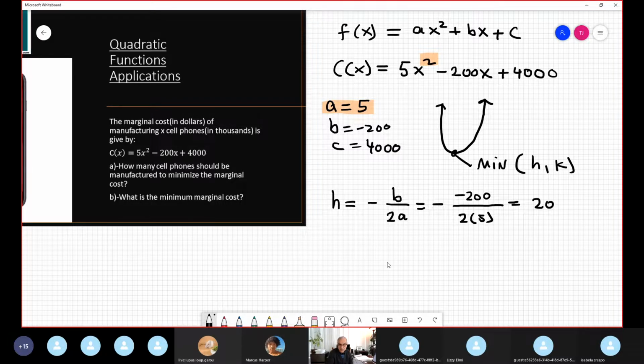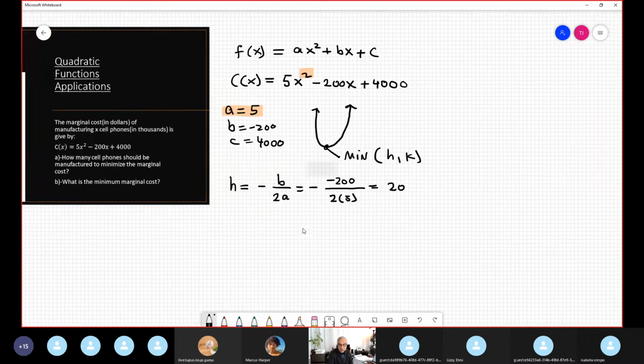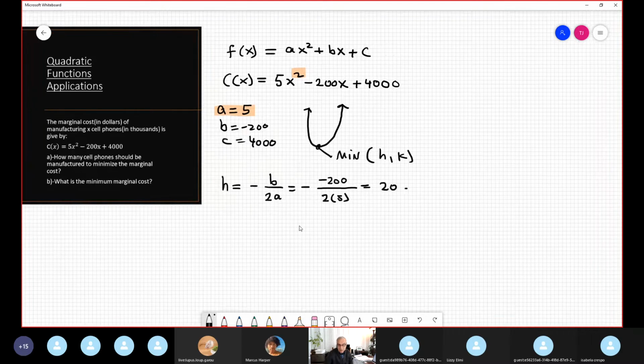So this answer we can interpret as actually 20,000 phones. Okay, it's 20, but in the formula we divide by thousands. So you omit the thousands in your mind.